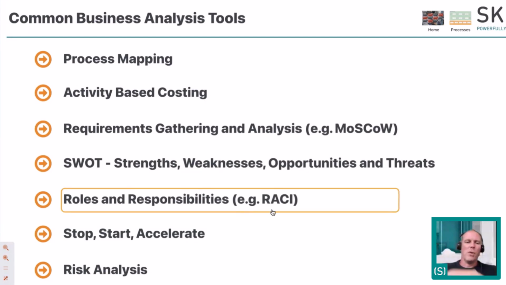Another very common one we see in Skore, that a lot of users build into their processes, is roles and responsibility analysis. Likewise, we often see that more commonly done in a different way. So we often see it done where the roles are defined first, and then we try to work out what the responsibilities are. The Skore approach is very much, again, we start with the process and then we go individually through the process, and we can apply responsibilities based on the roles we've assigned to individual activities in the process.